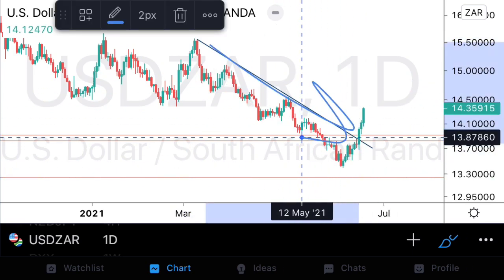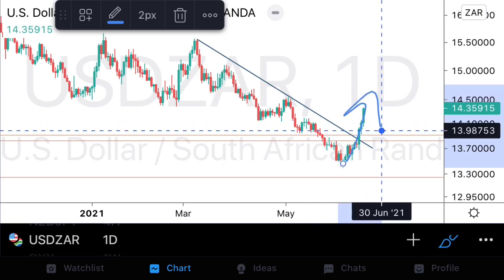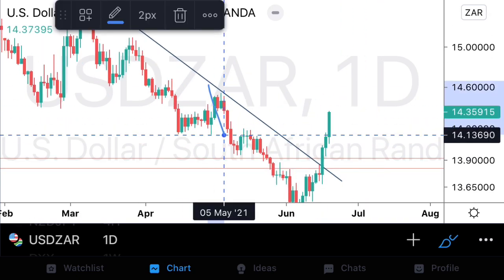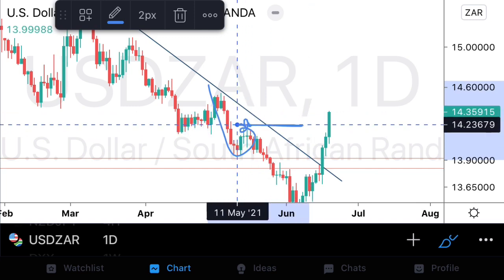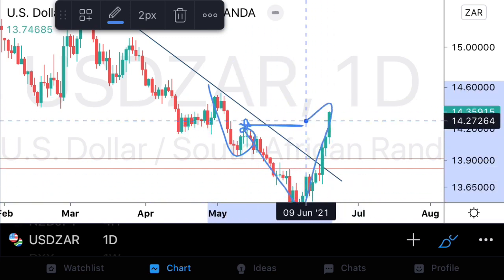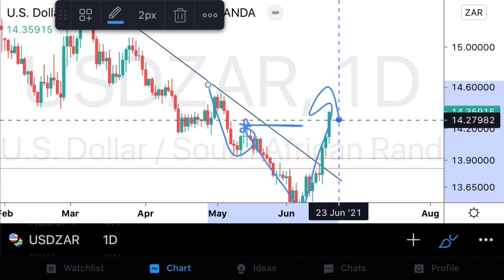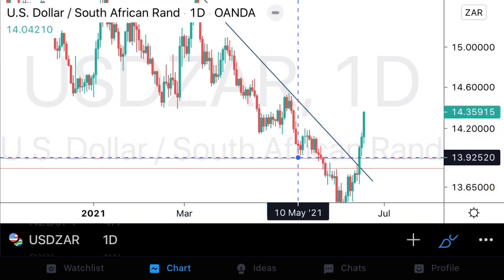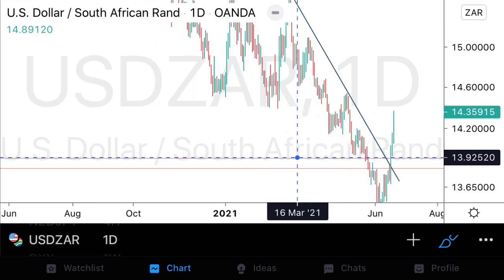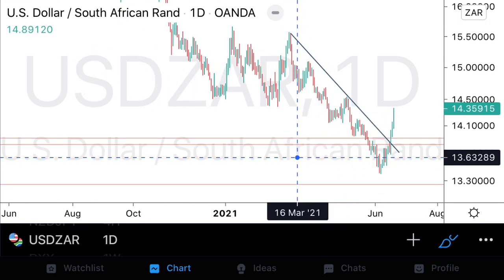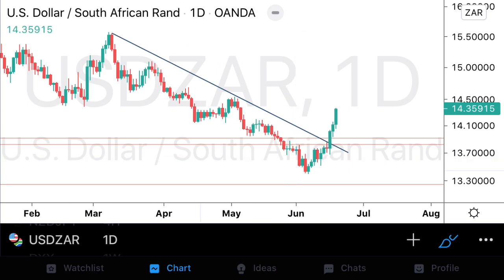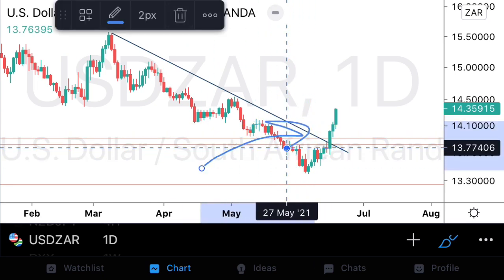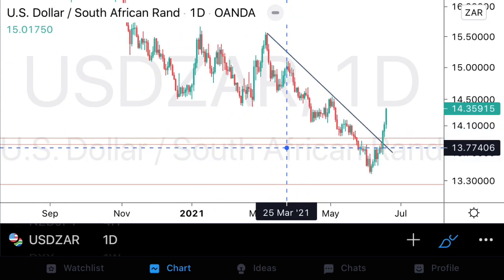We see that trend has been violated nice and impulsively. We also have previous structural highs within these areas that have been broken and closed above. So we see clearly that there are buyers interested in buying USDZAR, and we would like to align ourselves in the direction of this new momentum.